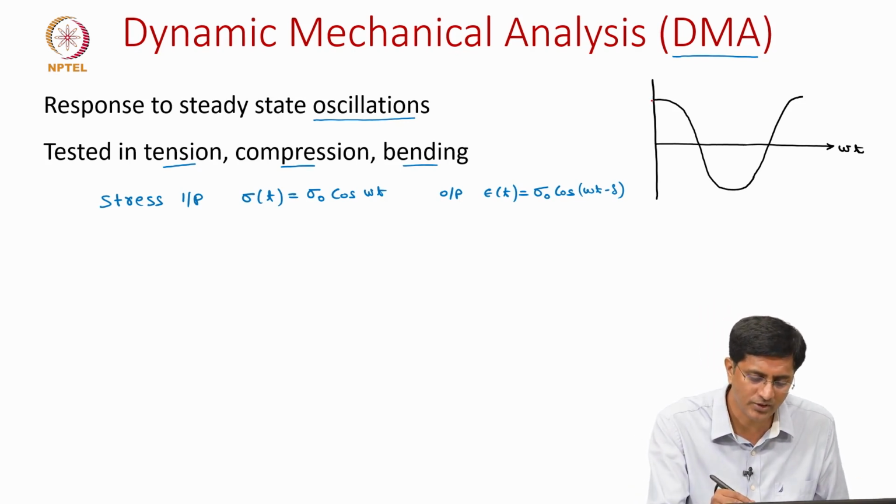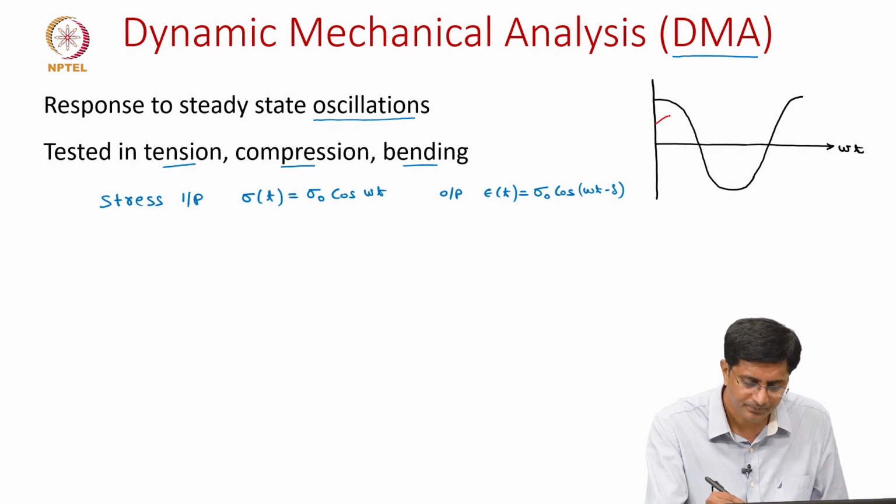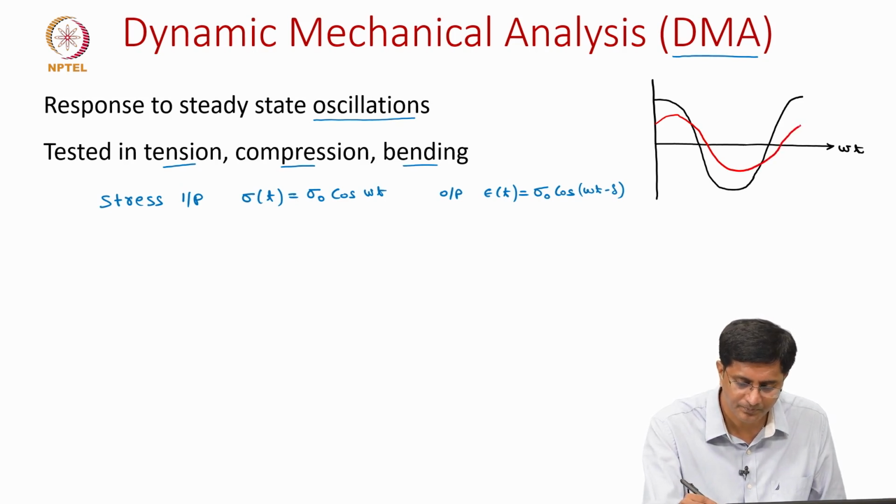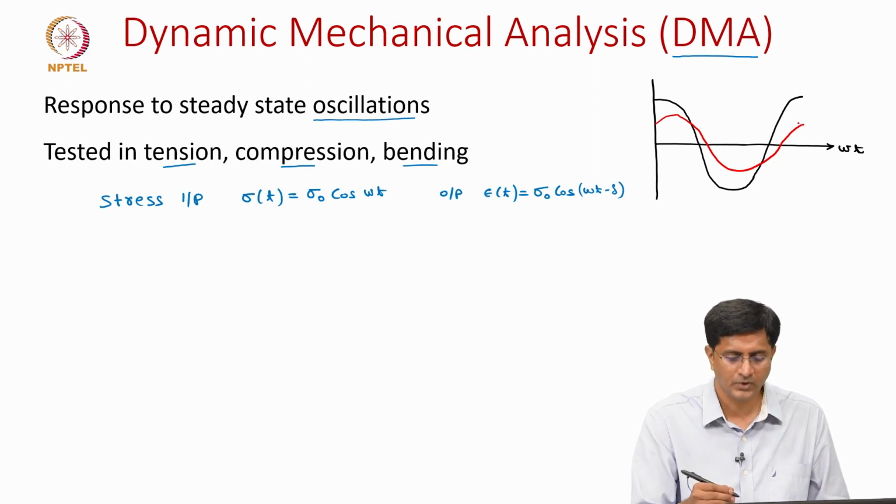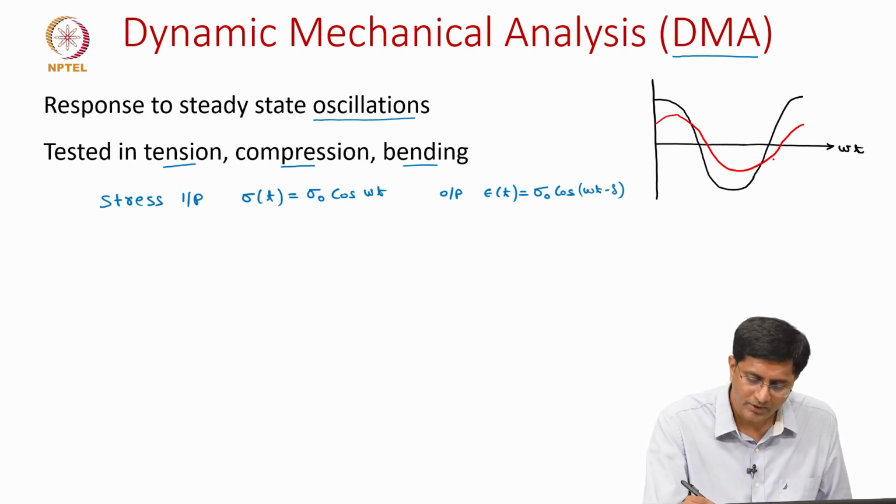Instead of reaching the peak at time t equal to 0, it will reach it at another time instant. The one in red is the strain output and the one in black is the stress input.